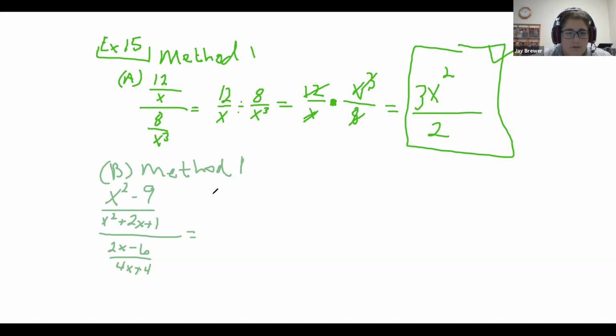Okay, so the first thing we're going to do is we're going to use our definition, x squared minus 9, x squared plus 2x plus 1. Now, if you're working a little bit ahead or you're a little bit quicker than other people, you may certainly choose to factor at this point, I'm not going to stop you, but I'm not going to do it yet myself. So I'm also not going to flip my reciprocal yet.